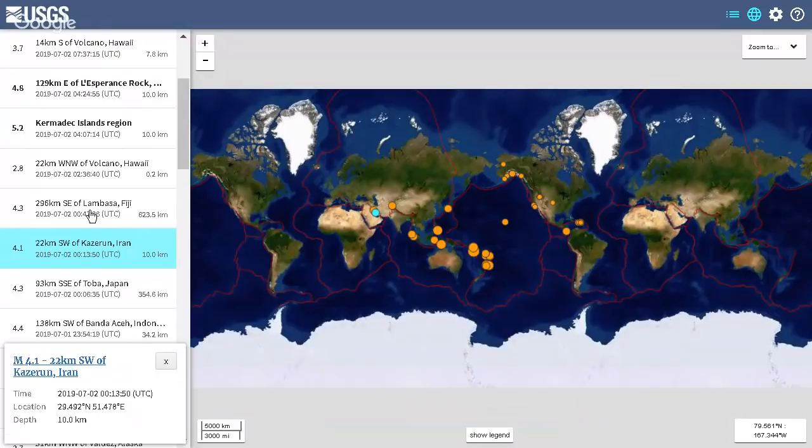Also a 4.1 at Iran. 4.3 at Fiji at 623 kilometers depth.